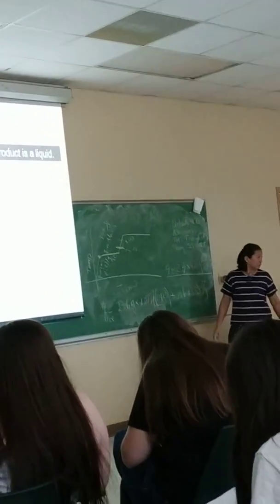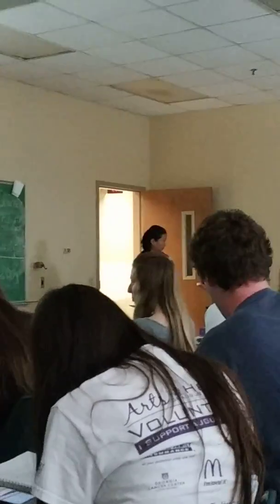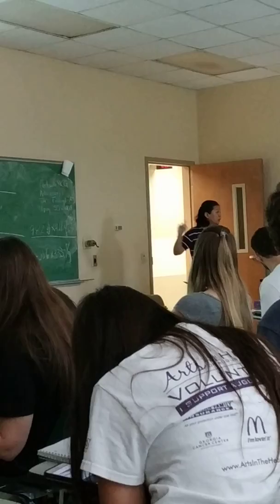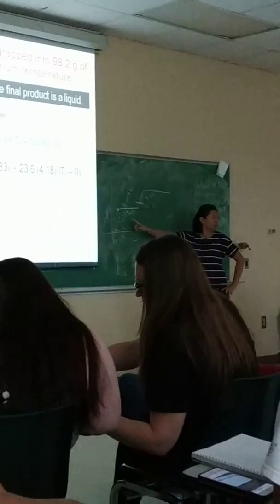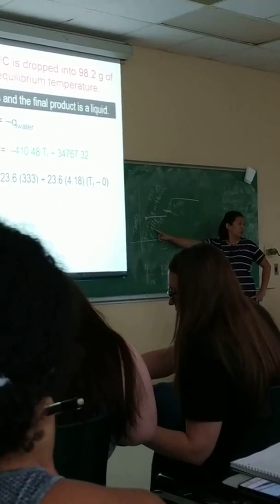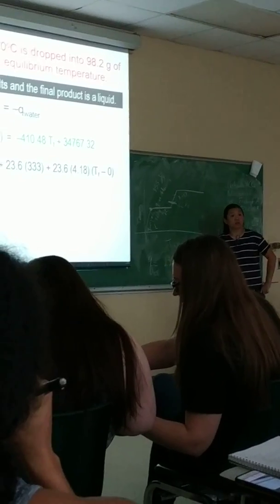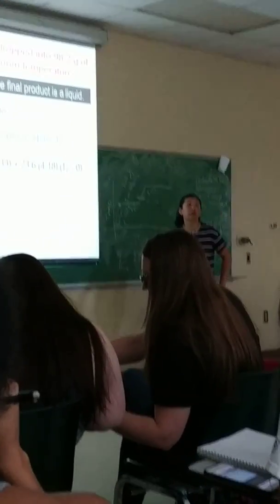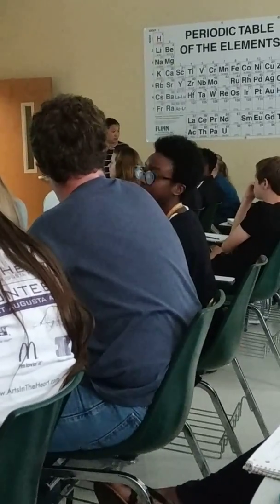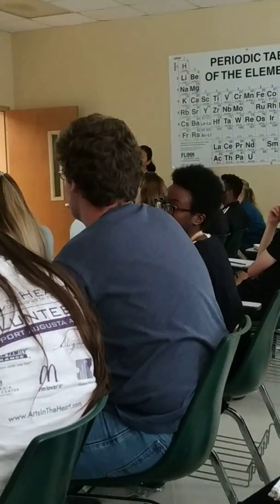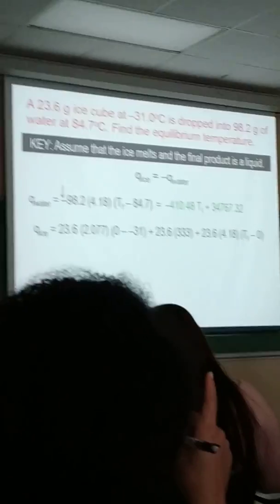That's only from solid to liquid. Is 2.077 the specific heat of ice? Yes. And 23.6 is the grams of ice. And minus 31 to 0, because they have to raise the temperature from minus 31 to 0 to reach this point.